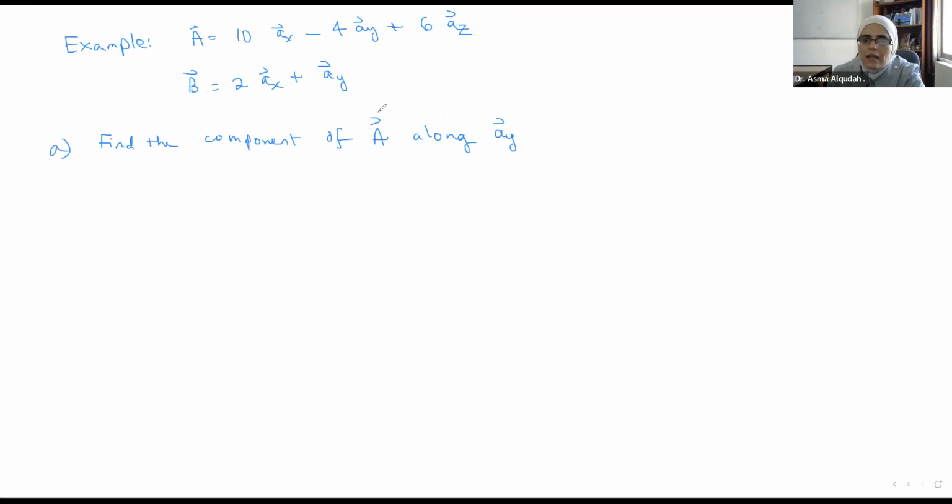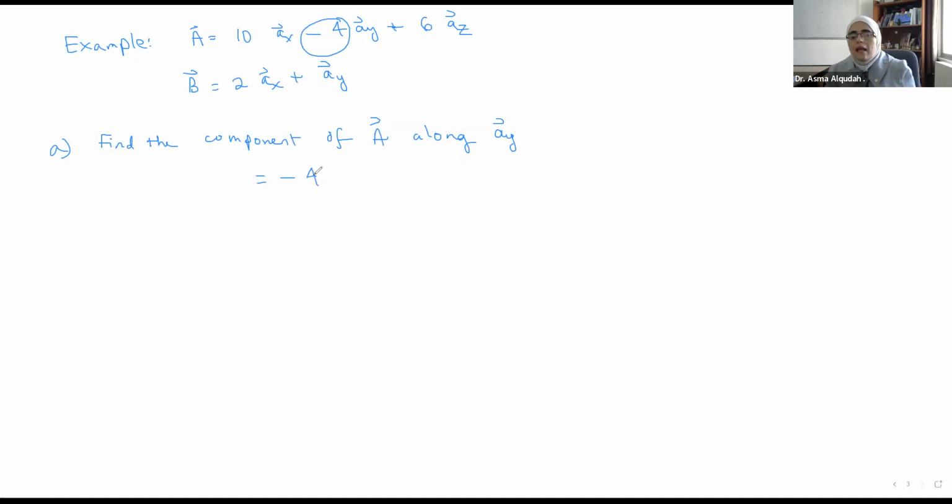It's asking us to find the component of A in the y direction. The vector A has three components: one in the x direction, one in the y direction, and the third in the z direction. The question asks about the component along the y direction, which is equal to -4.